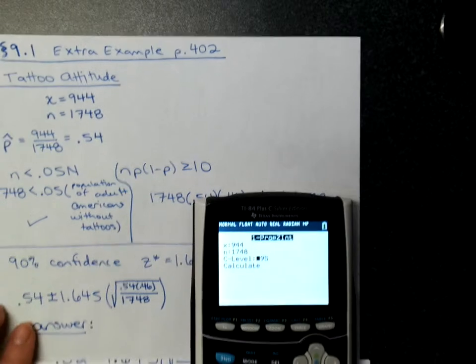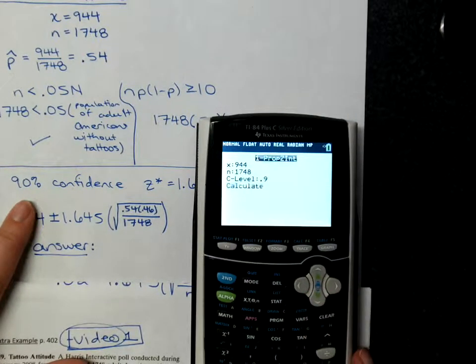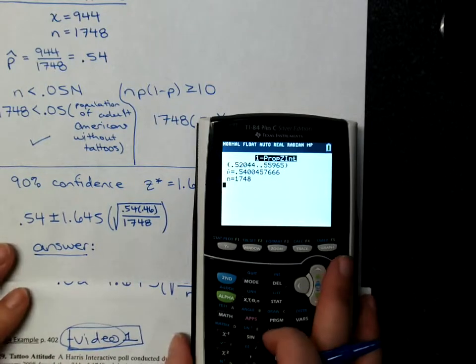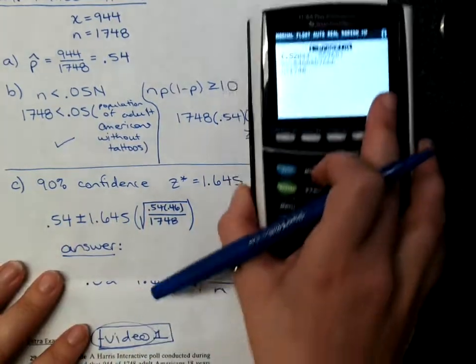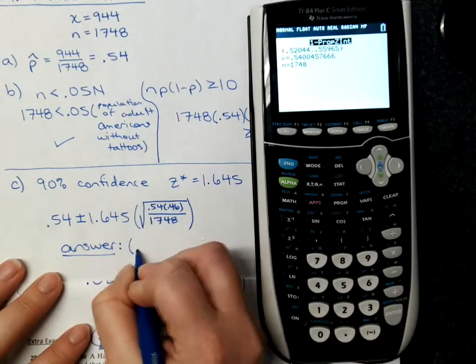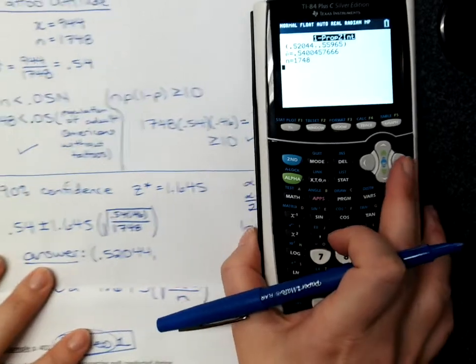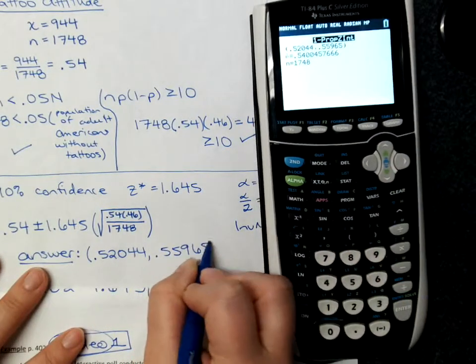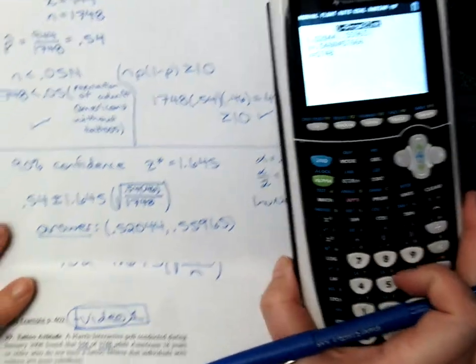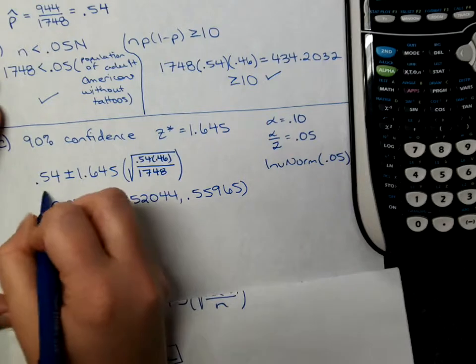Our confidence level is 90, so 0.90, and calculate. These two numbers are what you'd get if you were to actually crunch those numbers. So the answer is 0.52044 for the lower bound, 0.55965 for the upper bound. So that's the answer to part C.